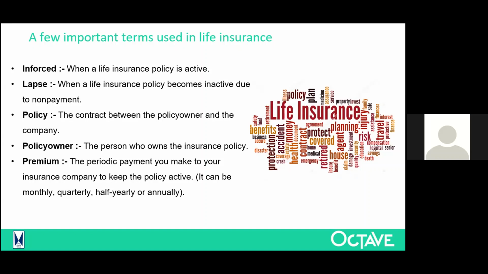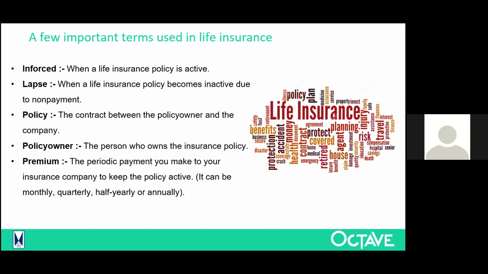The first thing that happens is the advisors, the people who work on the field and actually sell these insurance policies, are called advisors or agents. If an agent approaches you and you're interested, the agent will provide you with a quotation.